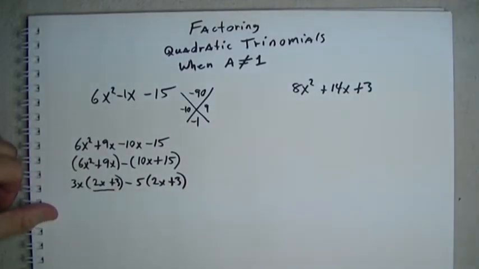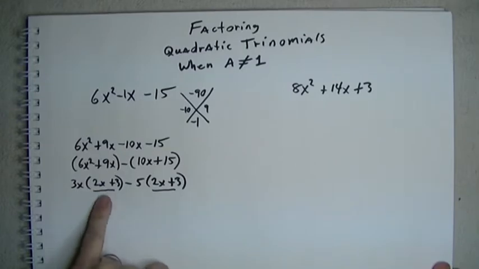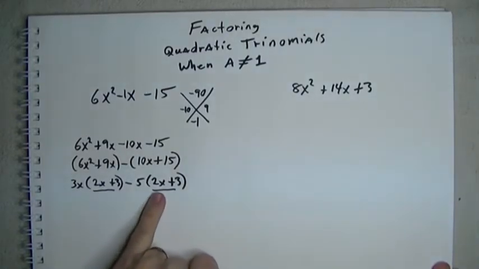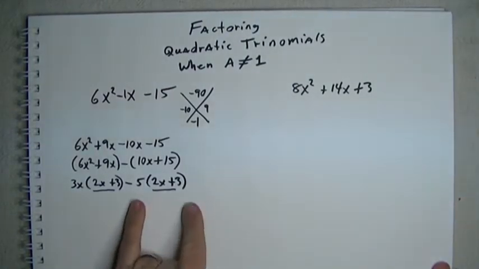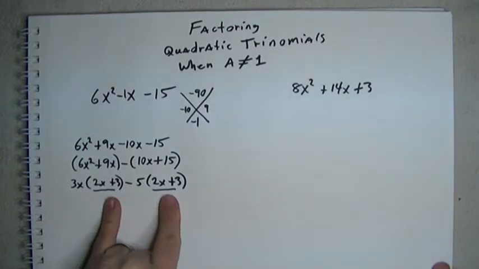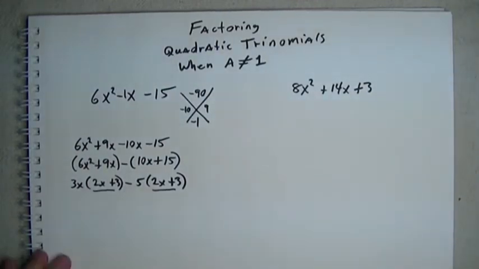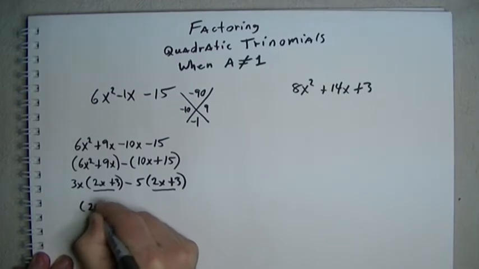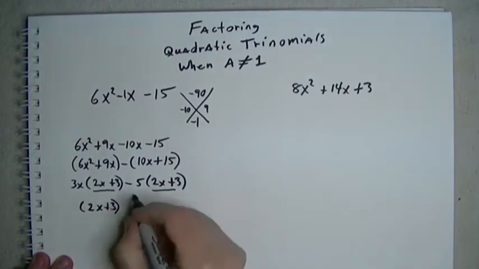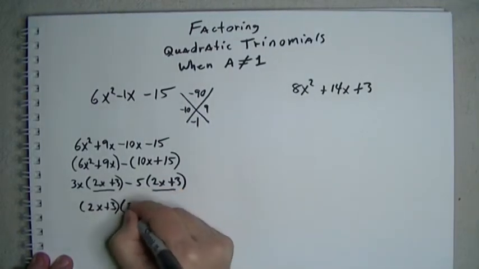This binomial and this binomial, exactly the same binomial. And so I'm multiplying two things here, and both the things that I'm multiplying have a common factor that I can factor out. I can factor out that 2x plus 3 and multiply it by what's left, 3x minus 5.